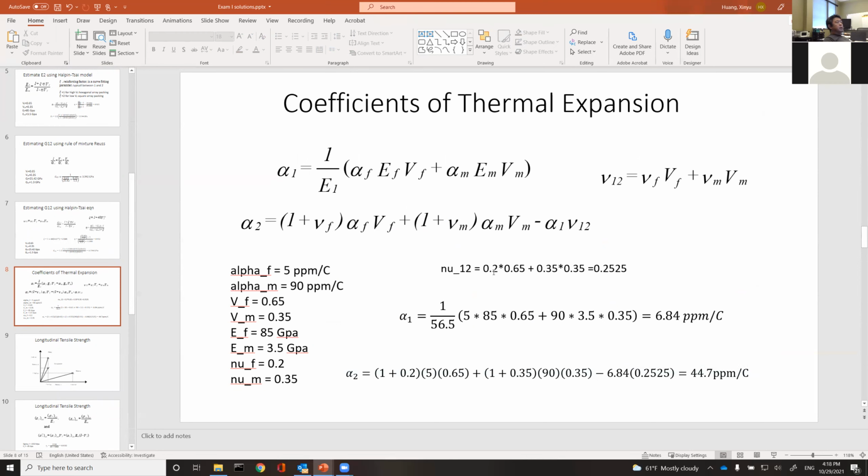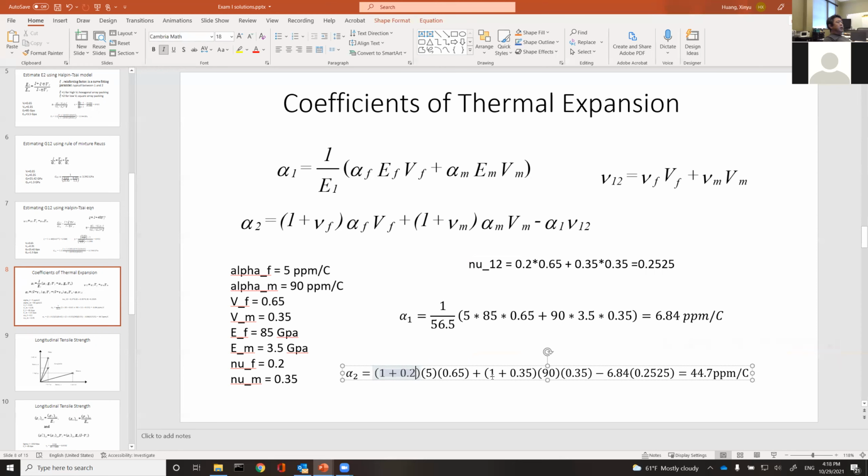Nu12 is the effective Poisson ratio of the layer. So use the Voigt model rule of mixture. It turned out to be 0.2525. So this number goes in here, alpha 1, and these numbers all combined together.